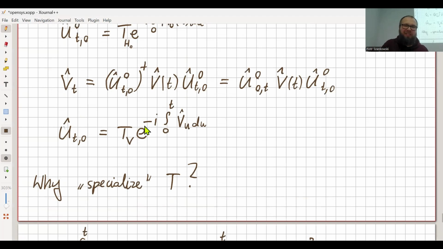Because if we use this notation, then we know, okay, this T is allowed to reorder V's, but as a whole, as an atomic expression, okay? Don't go inside, just stay on the surface, right?